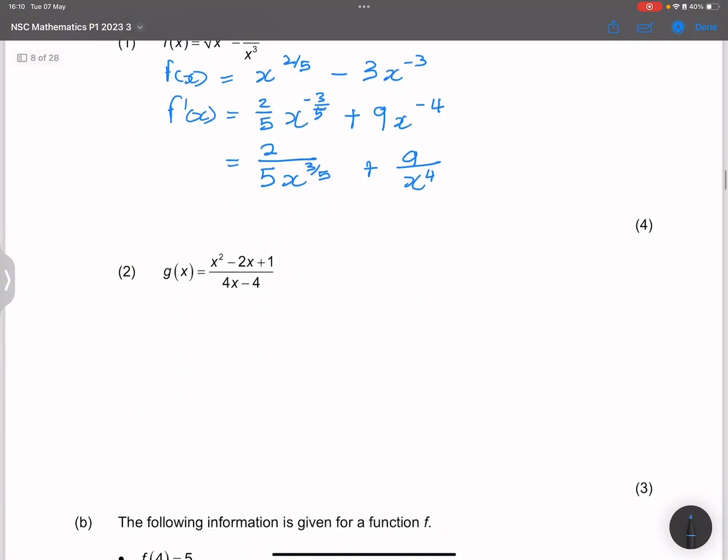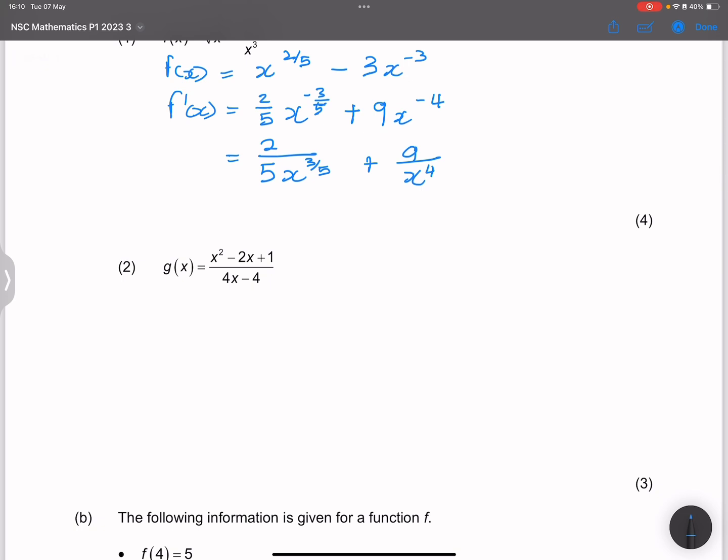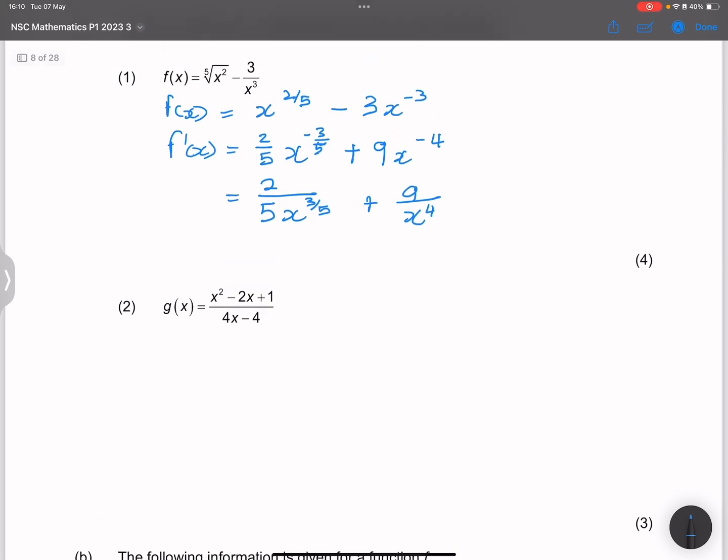The next question, they gave us g of x, so we need g prime x. First of all, let's try to get this in the most simplified form possible. If you look at the top, we can actually factorize that. That would be x minus 1 squared, divided by 4 times x minus 1. So this and that cancel.